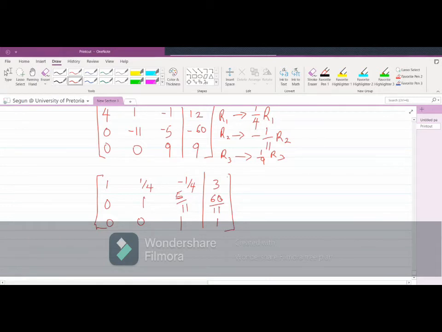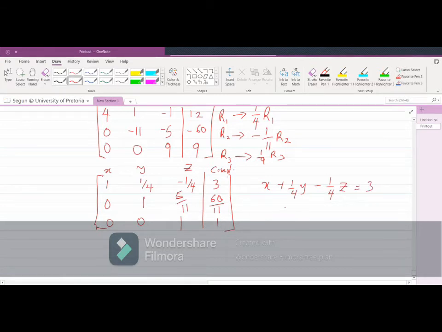If you substitute this, don't forget this is your X, Y, Z, and constant, your equations will be x plus 1 over 4 y minus 1 over 4 z equals 3.